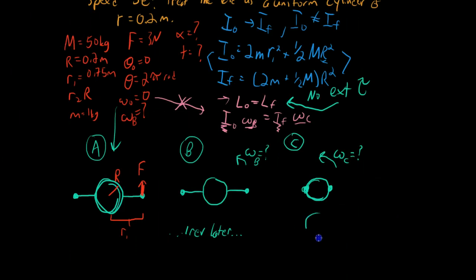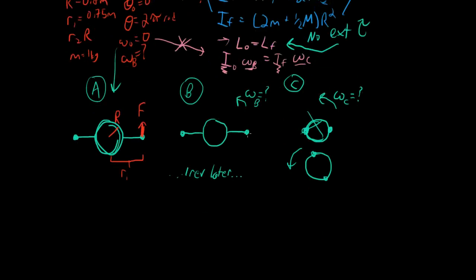It could just as easily be that the kid finally, after rotating through over pi over 2 radians, is now in. So this is a little bit unrealistic, and this one's maybe a little bit more realistic. It doesn't have to be an instantaneous change. The nice thing is this equation doesn't care about the details of how we go from here to here in terms of the moment of inertia. It just cares that the moment of inertia has changed like that.